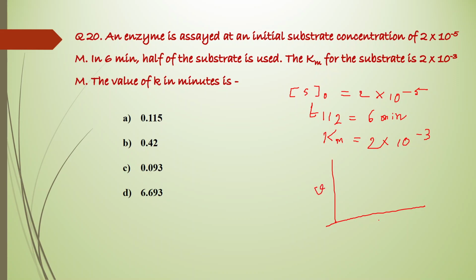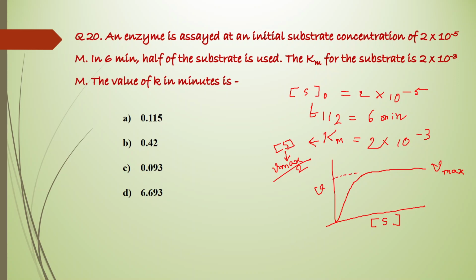So here is our velocity, here is our substrate concentration, and our enzyme kinetic curve looks something like this. We already know this. And this is your Vmax. And what is the value for Km? Km is nothing but the substrate concentration where the velocity is Vmax by 2. That is your Km value.